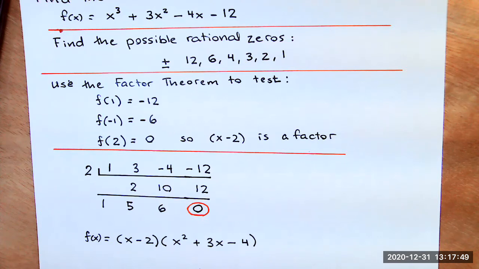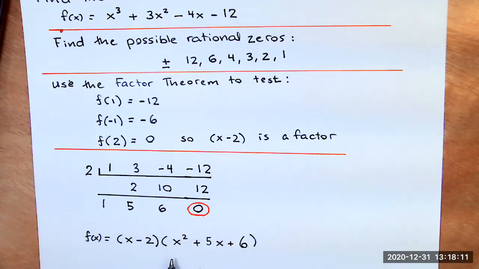I wrote down the numbers, sorry about that. So x squared plus 5x plus 6. We can factor in our head, which is x plus 2 times x plus 3.